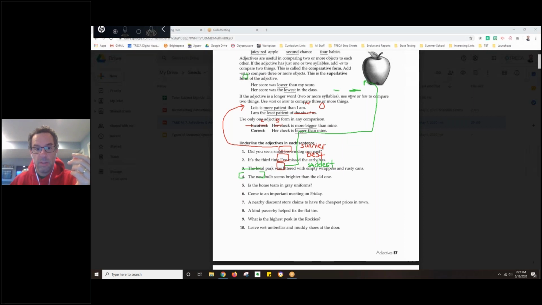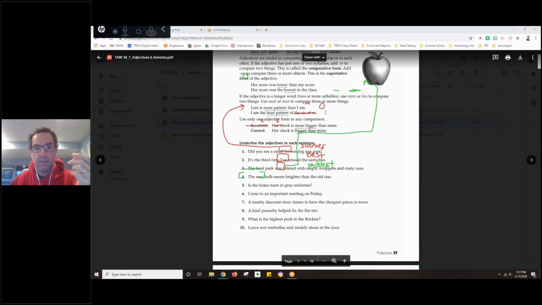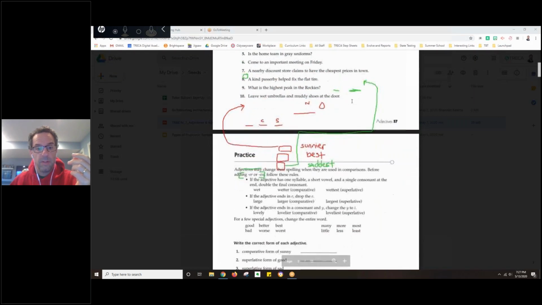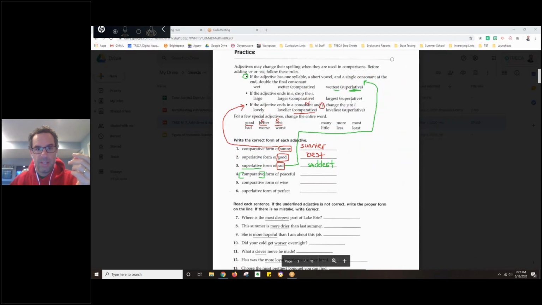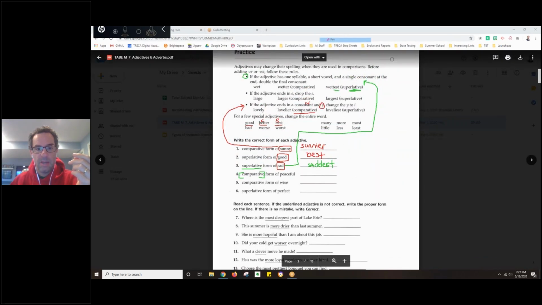Use more to compare 2 things. So if I get the pen, the comparative form would be more. I'm not going to write the word peaceful, I'll just put a P to save time, but more peaceful. Comparative form, okay?